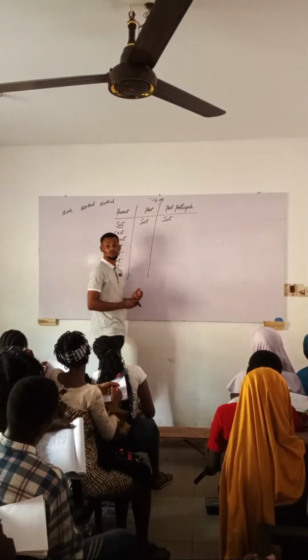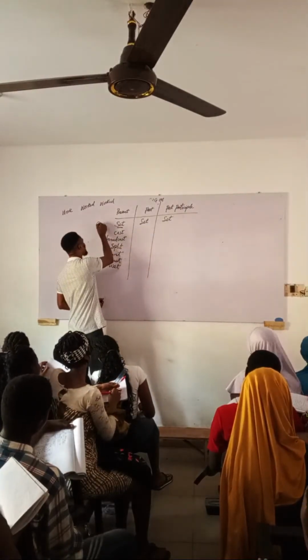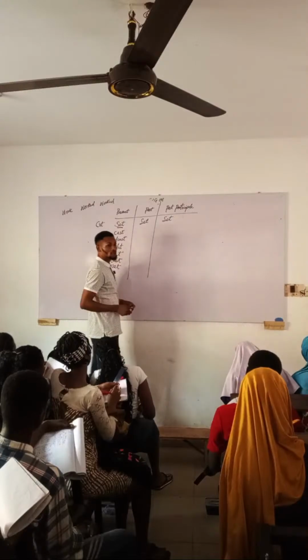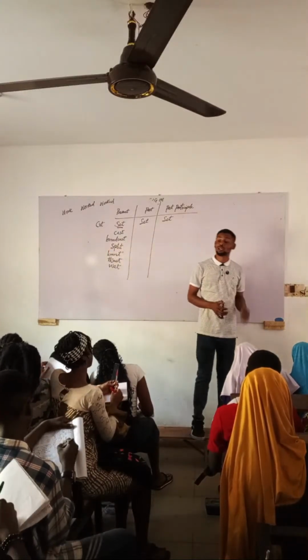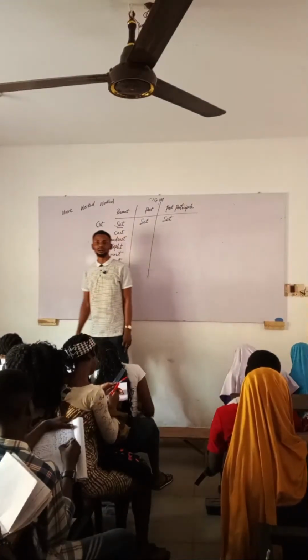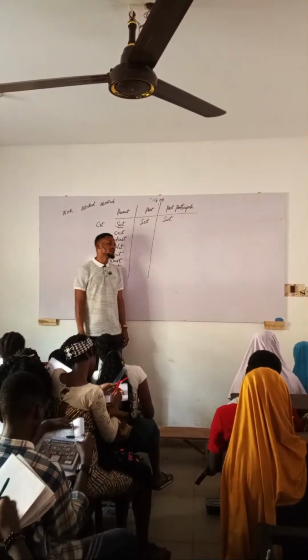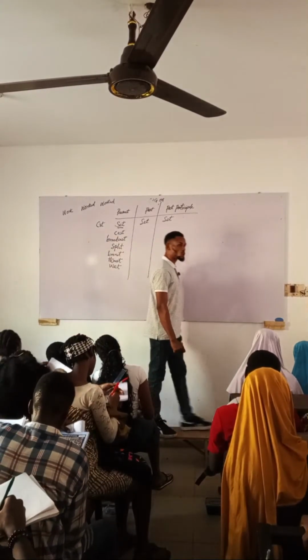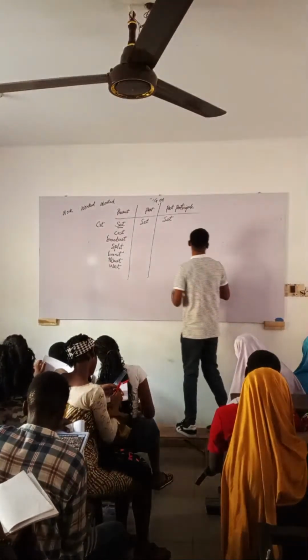Anyone? All right, you also have it in cuts. So you can never have cut, cutted, cutted. Is that taken now? All right, we move to the fourth one, which is the derivational bound morpheme.